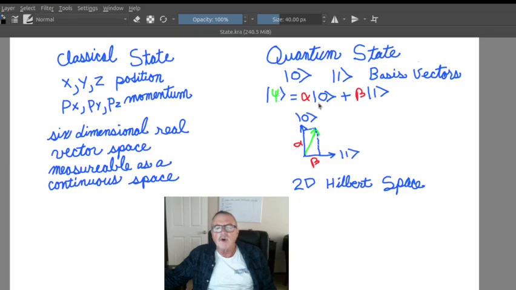So you have one that's called a 0 basis vector and a 1 basis vector. How much simpler can it get? And I've got the 0 basis vector up here, the 1 basis vector there, and the two components of those basis vectors that make up this little green arrow.